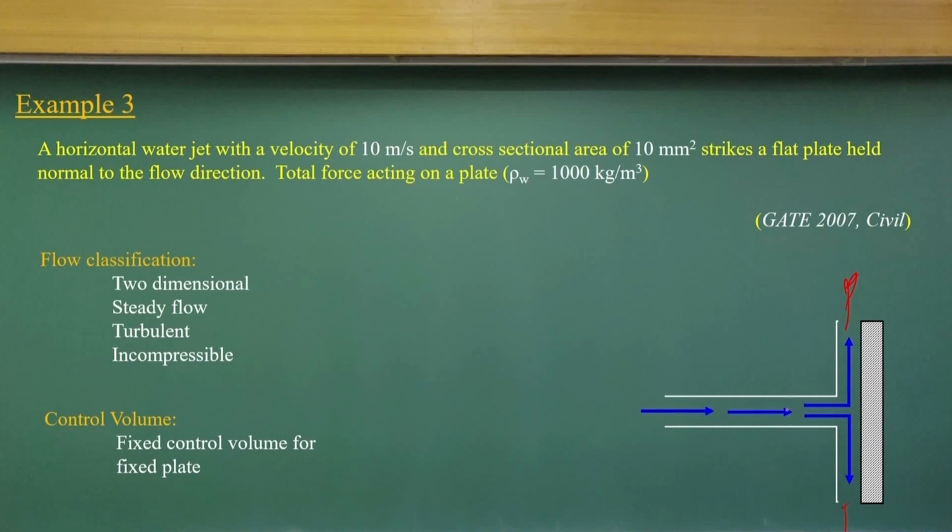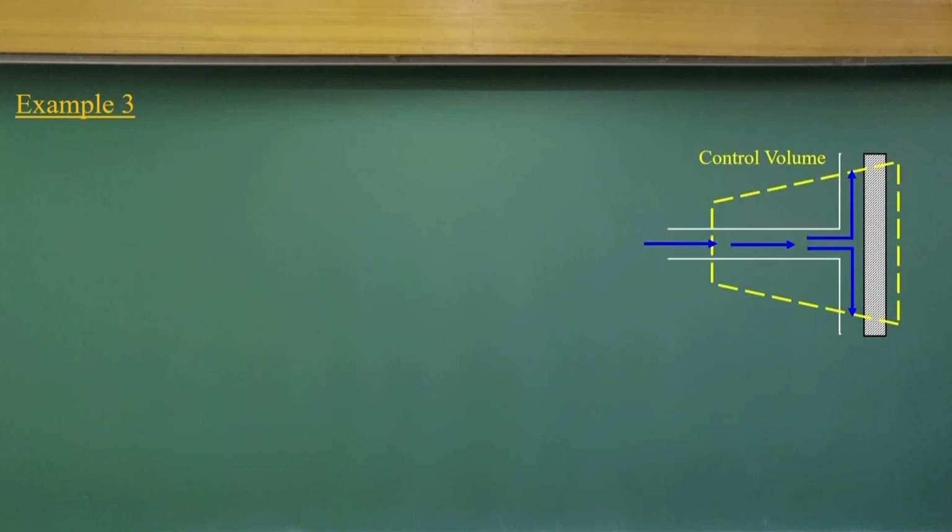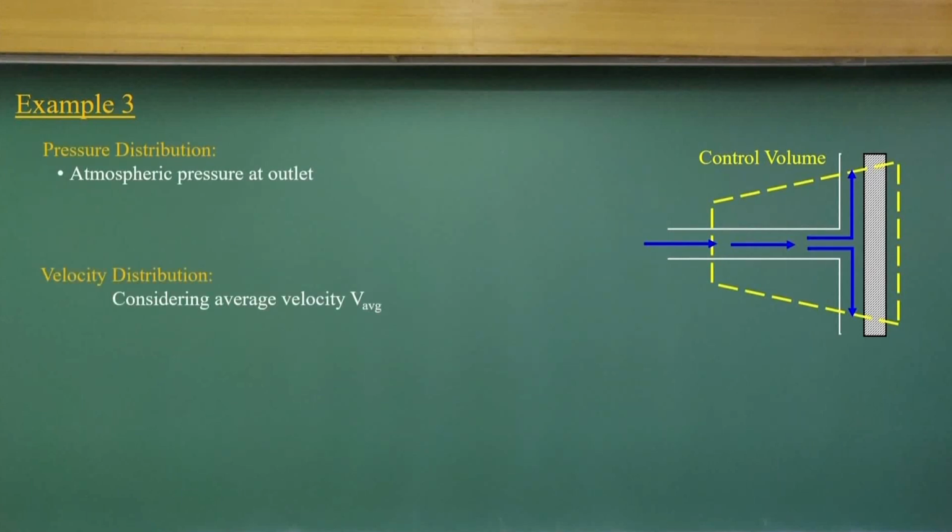We can consider a fixed control volume. Once you consider the fixed control volume like this, then you apply the pressure distributions. If you remember, since these water jets are in the atmosphere, you can always use atmospheric pressure as the pressure distribution. So, over this control surface the pressure is atmospheric.